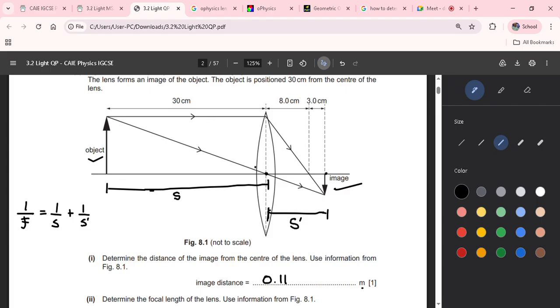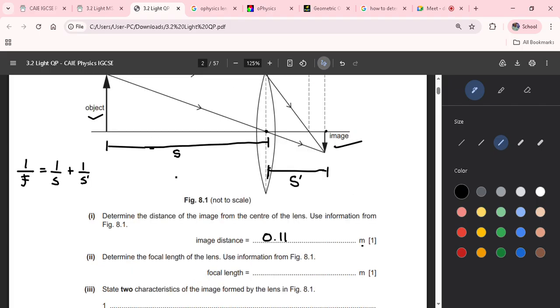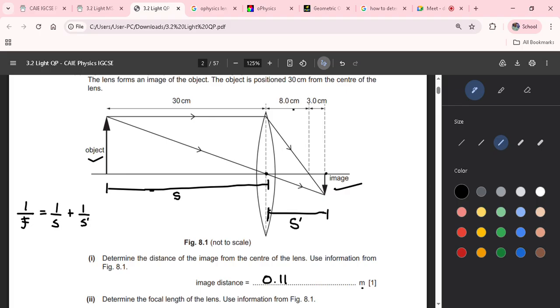Okay, so see another question. Determine the focal length of the lens. Use the information from figure 8.1. So what is the focal length from this information?